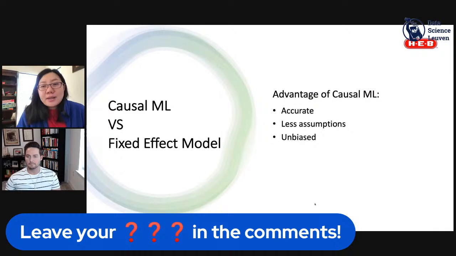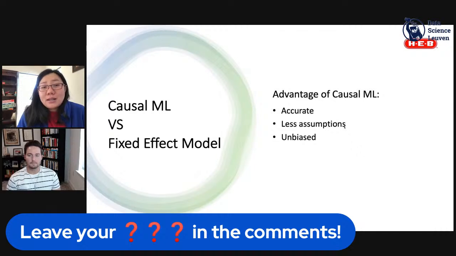Okay, and in our presentation, we introduced two approaches for causal analysis, Causal ML and a statistical approach, the fixed effect model. And we will deliver the results from Causal ML to stakeholders. Although Causal ML is a complex approach and hard to explain, it does have huge advantages compared to fixed effect models. First of all, it is more accurate because this approach is better at dealing with high-dimensional datasets.